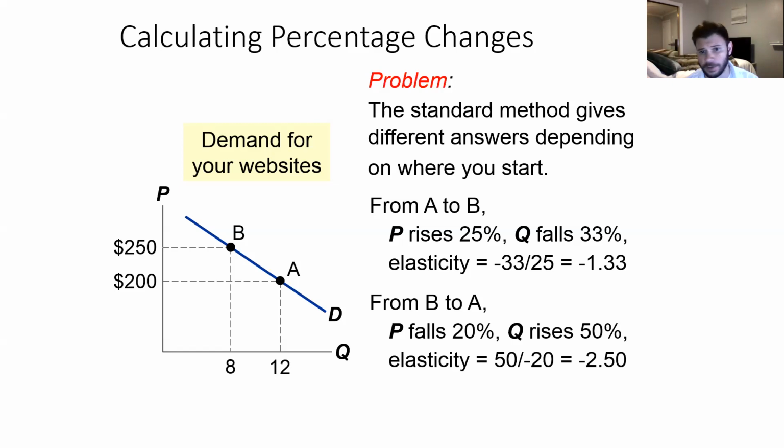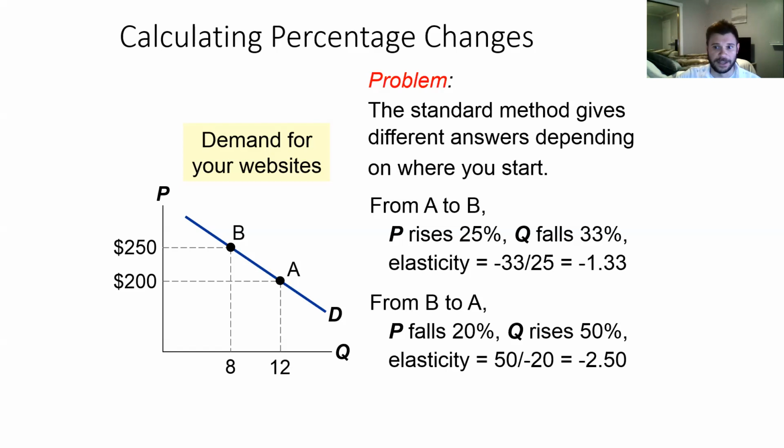Now note in both cases, we're still able to identify that that price change implies we have an elastic demand, since in both cases the absolute value is bigger than 1 in magnitude, right? 1.33 and 2.5. But this inconsistency presents a little bit of a problem, just because we move from A to B instead of B to A shouldn't imply differences in price sensitivity necessarily.